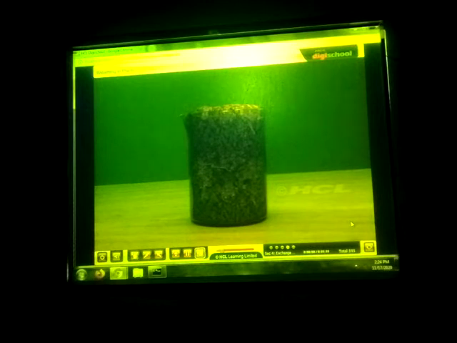Observe this beaker. It is full of soil. Is there any empty space left in the beaker?